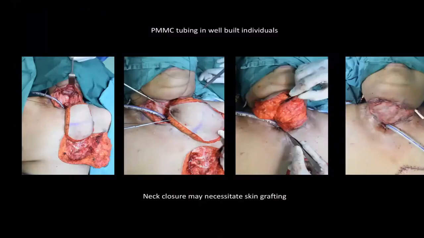The problem with the pectoralis major is that it is very useful. It has been the gold standard for pharyngeal reconstruction as a pedicle flap for a long time. But in certain individuals who are bulky, it is quite difficult to tube the flap, especially when it's a total pharyngeal reconstruction. Remember, you need at least 8 to 10 centimeters width of flap if you want to make a tube of the pharynx.